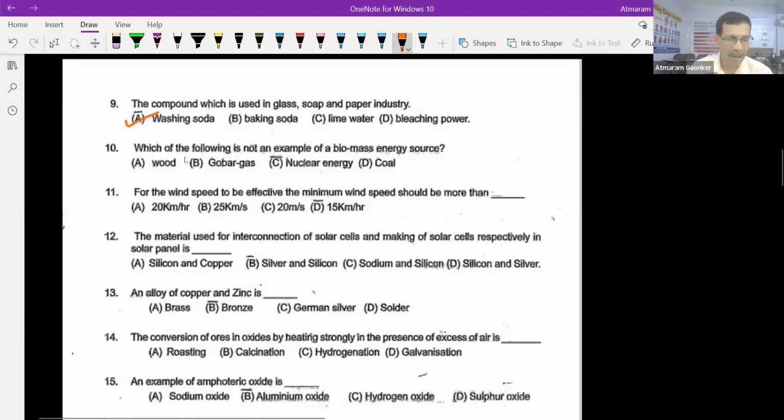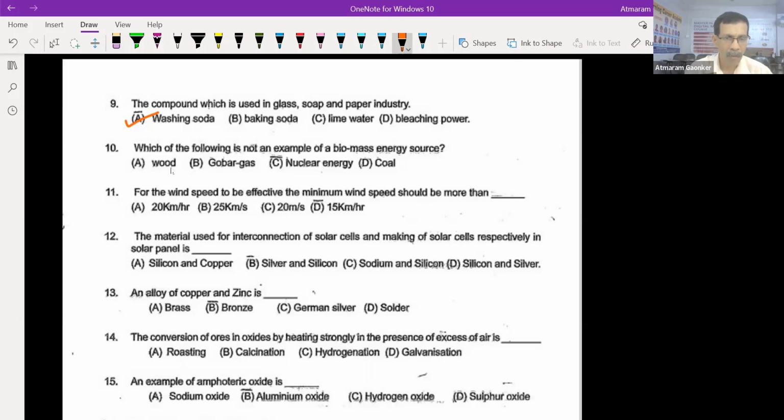Then question number 10, which of the following is not an example of biomass energy sources? Biomass energy sources come from wood or animals and plants.